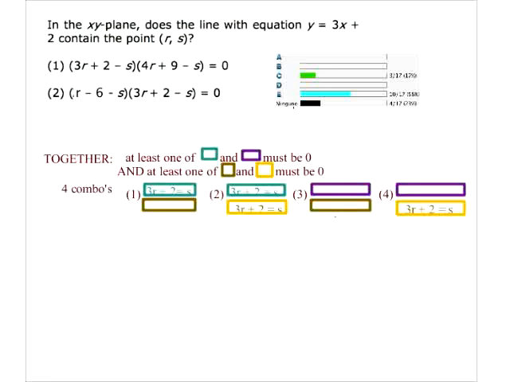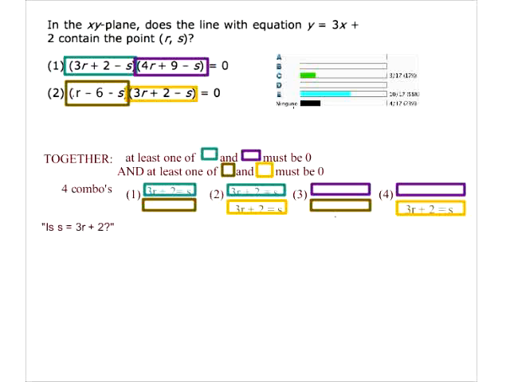So let me box all these up again. This one is still the same, this one is still the same, this one is still the same color, and this one is still the same color. So it's the same analysis as last time. The first, second, and fourth cases are still automatic yeses to the question: is S equal to 3R plus 2?